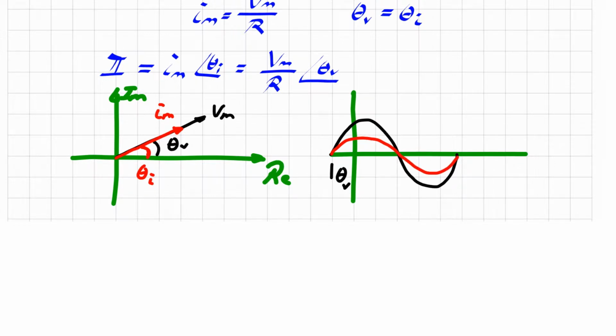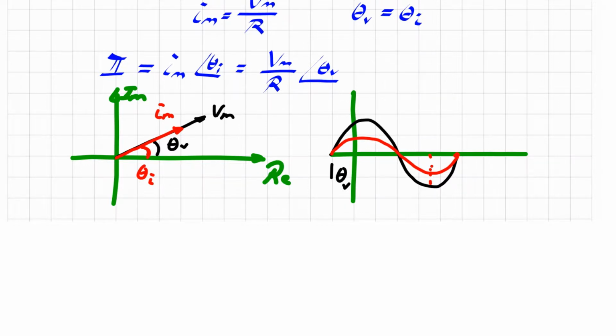That's called in phase. It's synchronized. They reach their maximum at the same time. They go down to 0 at the same time. Then they reach the negative maximum at the same time. Then they go back to 0 at the same time. They have the same phase angle. We call them in phase.